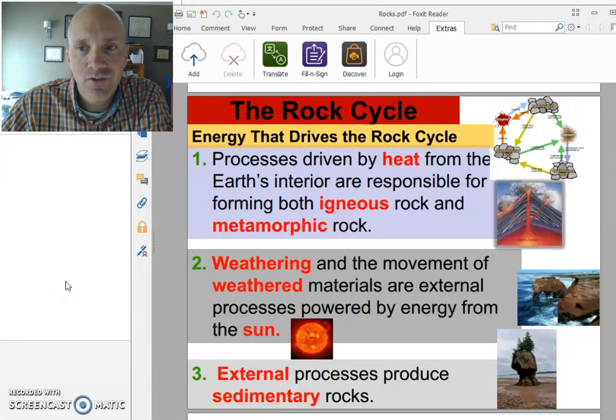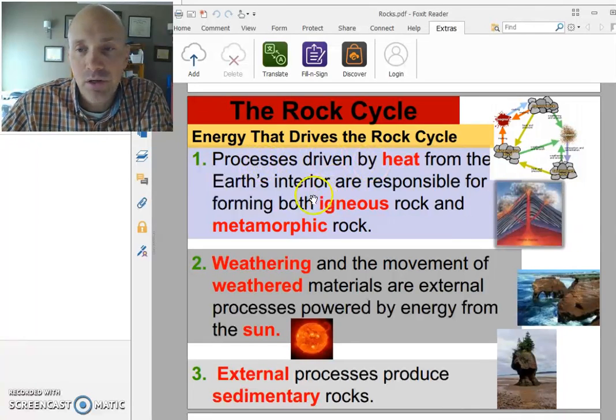The conversion of all these types of rocks into the other types of rocks that we describe in the rock cycle all takes energy. So where does that energy come from? Sometimes the energy comes from within the Earth, and sometimes the energy comes from sources outside of the Earth, primarily the sun.